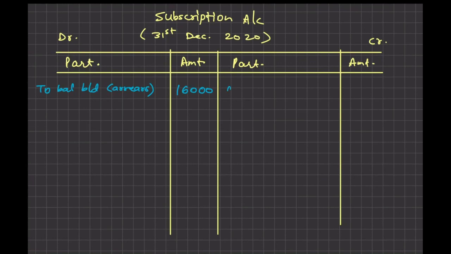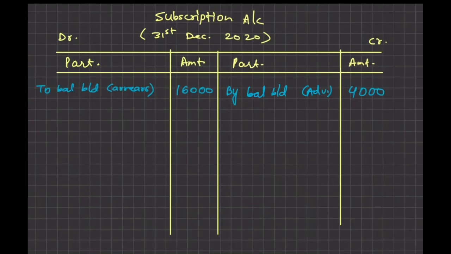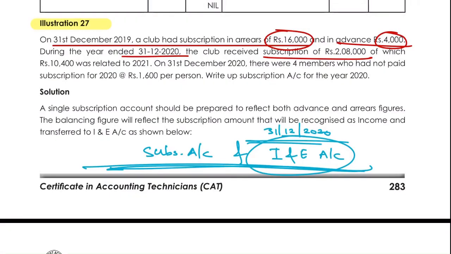So it would be by balance brought down advance of 4,000. During the year ended 31st of December 2020, the club received the subscription of 2,08,000. That would be from the receipt and payment account, which will be debited, and the subscription account will be credited by 2,08,000 rupees.